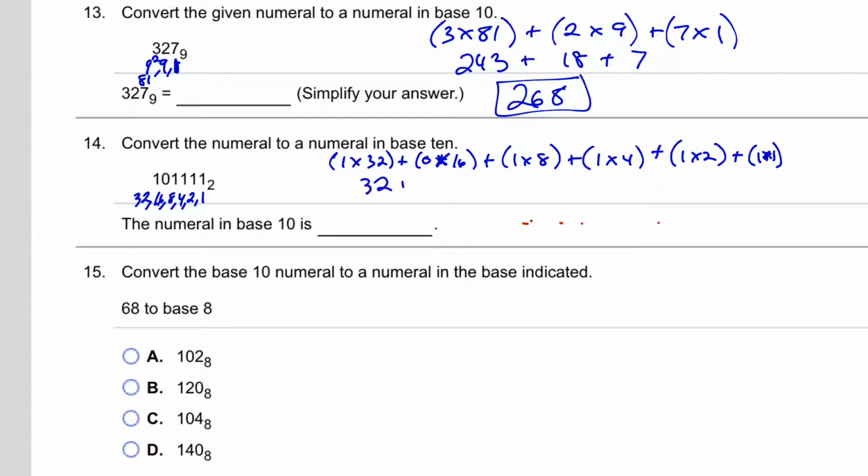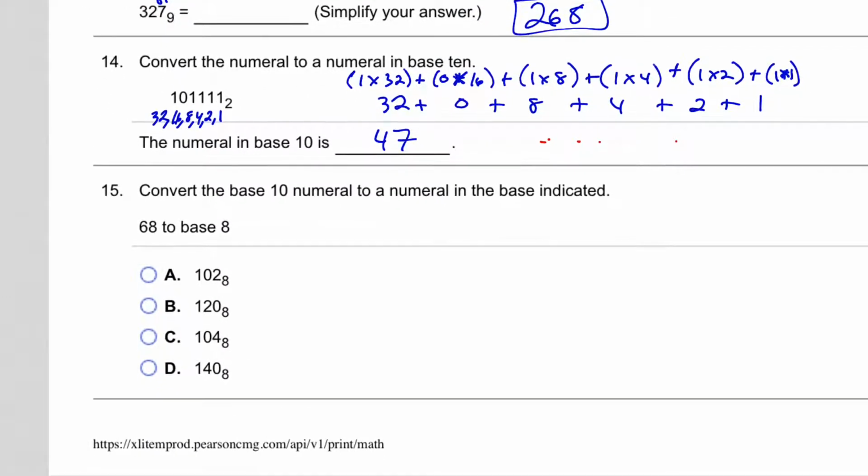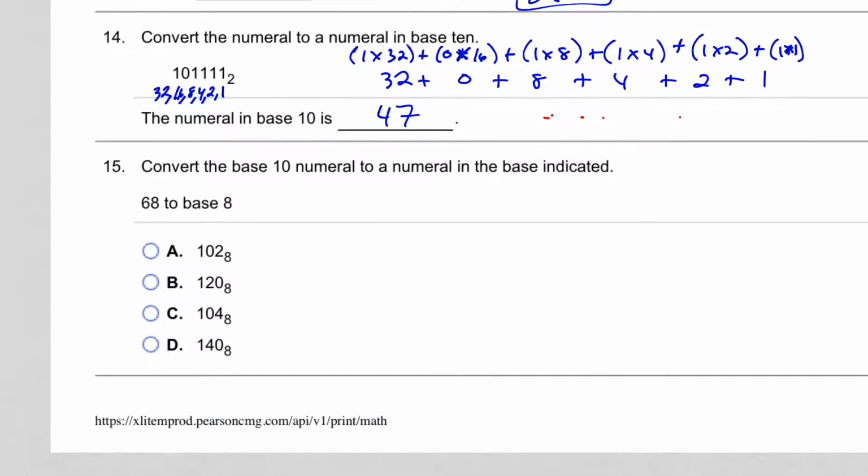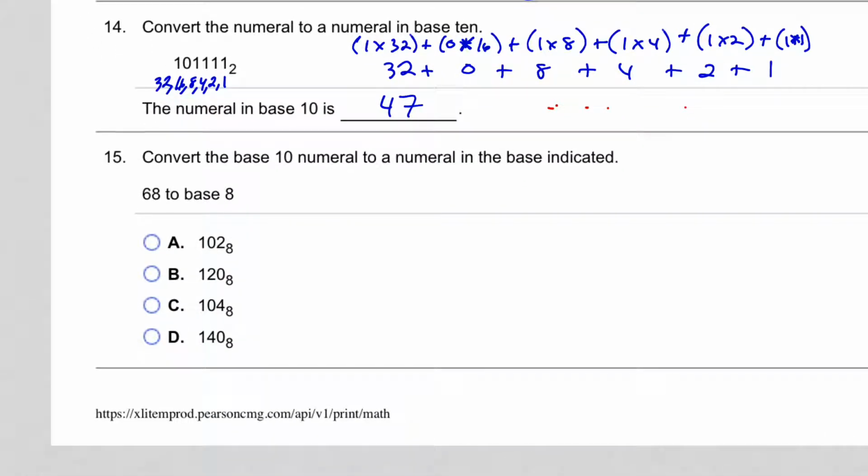So 32 plus 0 plus 8 plus 4 plus 2 plus 1. And this is going to be 15 plus 32. It's 47. Okay, so this is looking at the place values of other bases and converting them to our base.